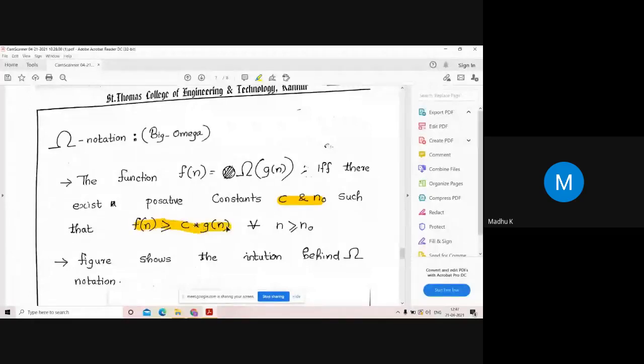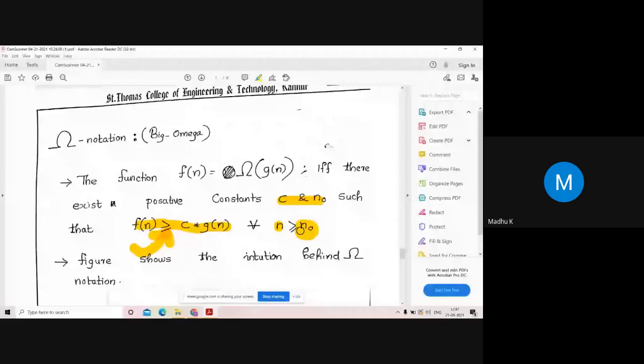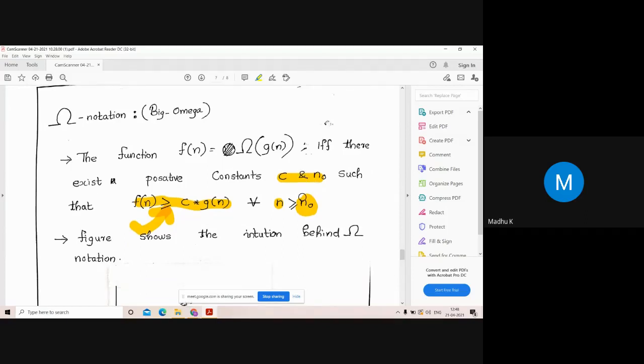What is the difference? There is only one difference compared to the big O notation. Okay, n greater than n0. There exist some positive constants C and n0. What will be the meaning of this?